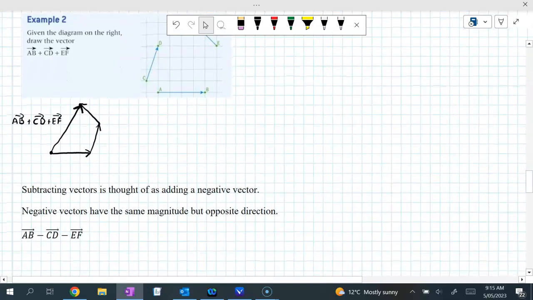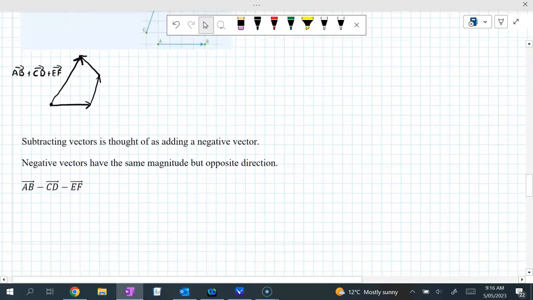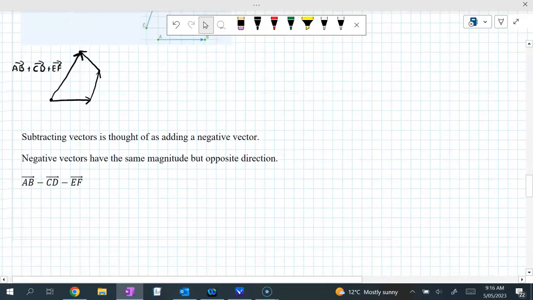And then subtracting a vector, we just think of it as adding a negative vector. Now, a negative vector is going to have the same size, but it's going to go in the opposite way. Now, we're using A, B, C, D, and E, F as above, but AB is still positive. So that's 1, 2, 3, 4.